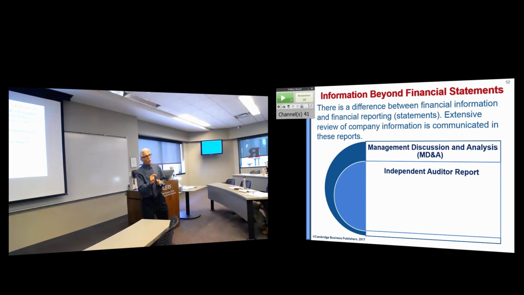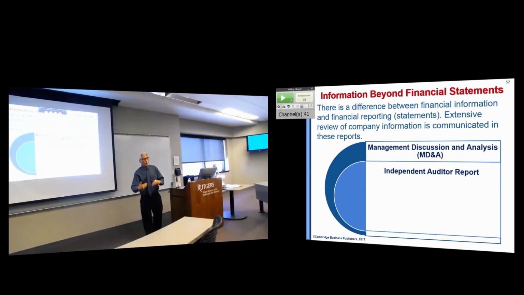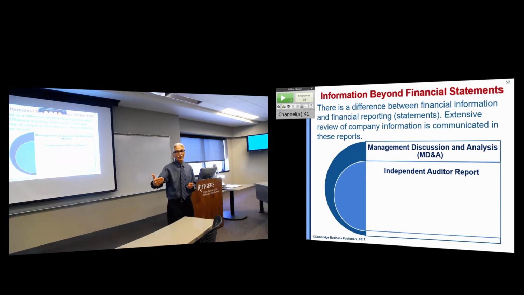So when you're an auditor, you're not opining on precision or 100% accuracy. You just make a statement that based on our review of the evidence, we believe that these statements are a fair presentation and they are free from material error and they are presented in accordance with generally accepted accounting principles. So those are the elements of an audit report.